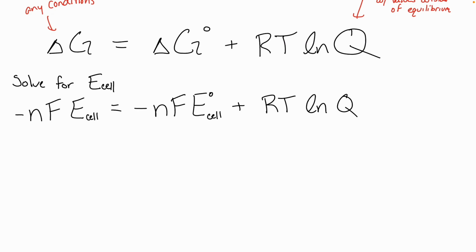All right, what am I going to do to both sides? Divide by that negative NF.